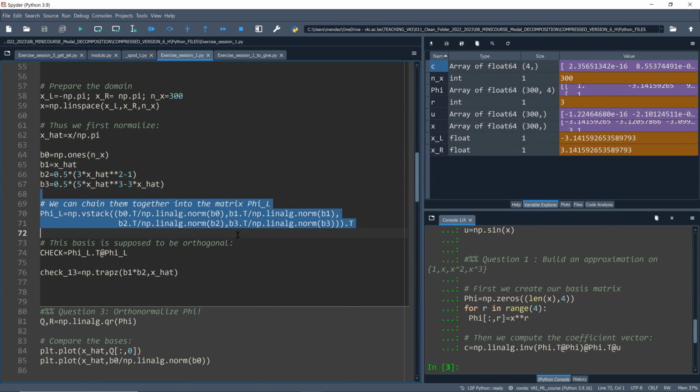To stack them, I use this stack, and then I have to transpose because otherwise we put them in the wrong order. I am also dividing by the norm of each of them, an extra step not strictly needed, to make sure they have unit length. But still, if I take this check, this should hopefully be identical.